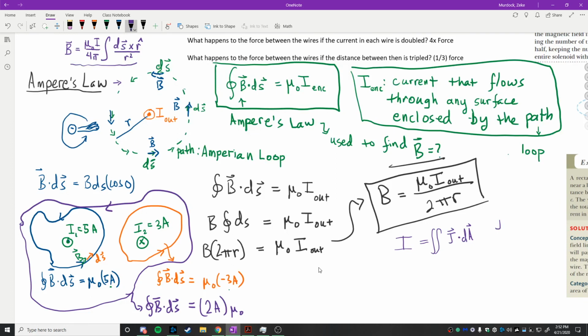Where, to remind you guys, current density is basically current divided by area, and it flows normal to the area vector. This is called current density, just to remind you guys. We haven't used it very much, but it becomes a little more useful now.